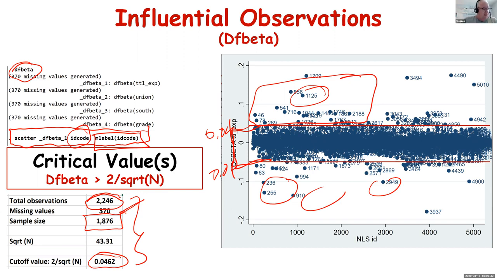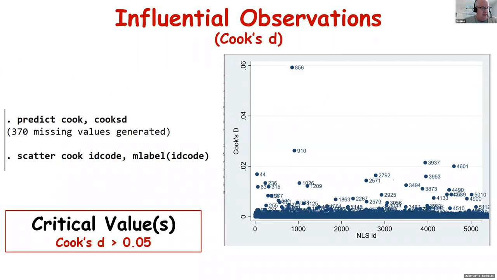And then finally, we've got Cook's D, another very common one. In this case, the critical value is 0.05, not quite as precise, shall we say, as the previous one, but I'm betting money we ought to go look at observation 856. That's just me. Anything that's out there that far, I'd certainly have to question.